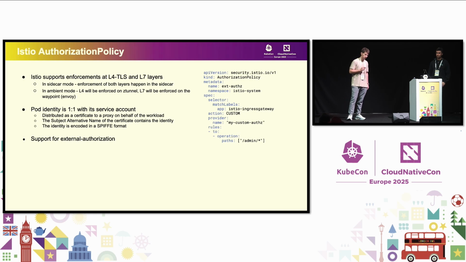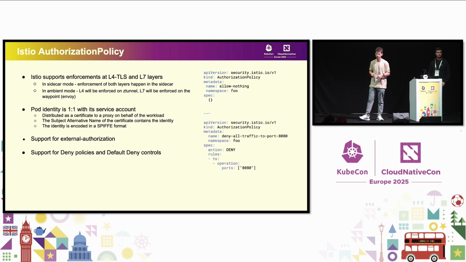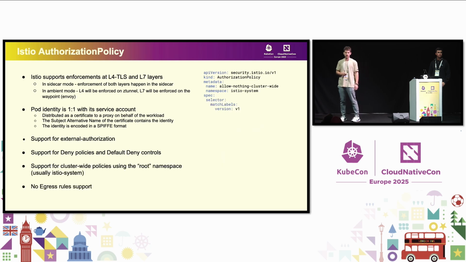Now, Istio supports external authorization as well, which is something I wanted to call out. So you could delegate authorization decisions to a different application, a different webhook. We know things like OPA or any other callouts we can do. There is support for deny policies and default deny controls.